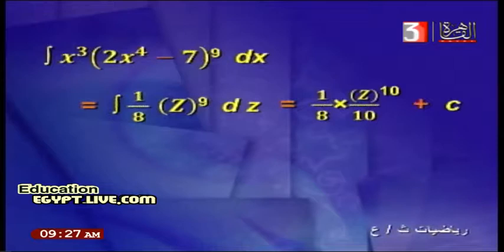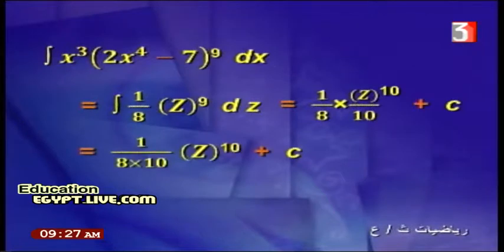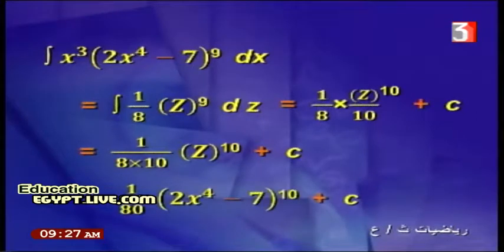The function now in terms of z: integration 1 over 8 z power 9 dz equals 1 over 8 times z power 9 plus 1, which is z power 10 over the new power 10, plus the constant c. Then the integration equals 1 over 8 times 10 z power 10 plus c, equals 1 over 80.